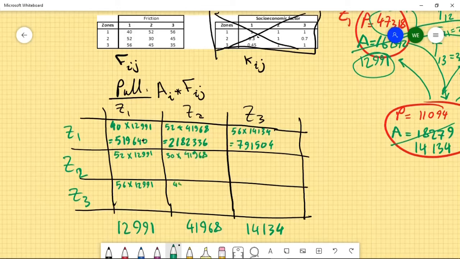Here 45 multiply 41,968. Here 45 multiply 14,134. 35 multiply 14,134. So here 45. I would appreciate if everyone tries to do some of the calculation.